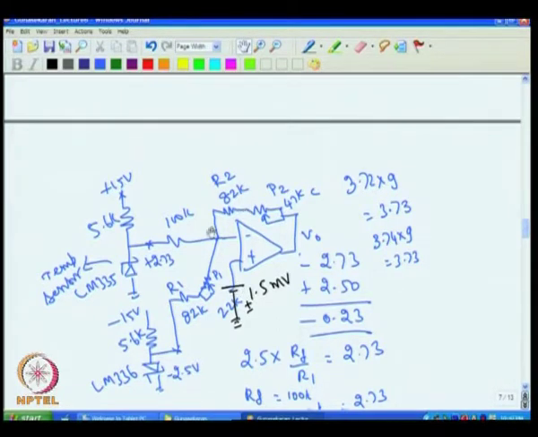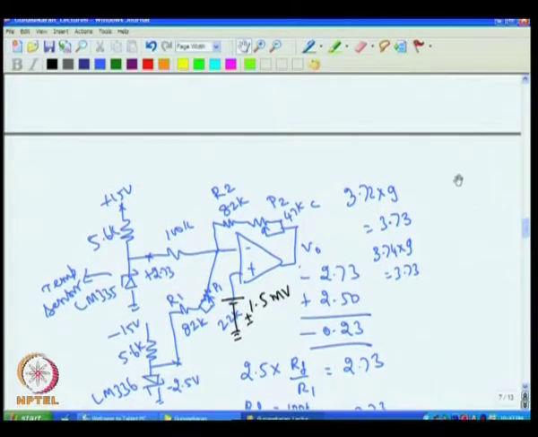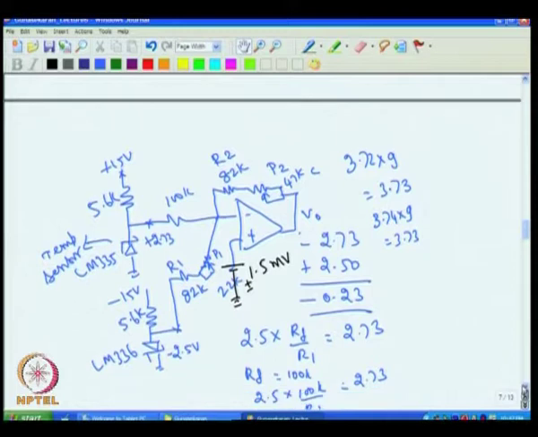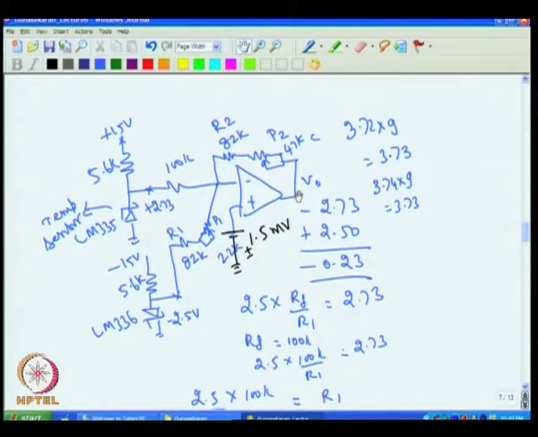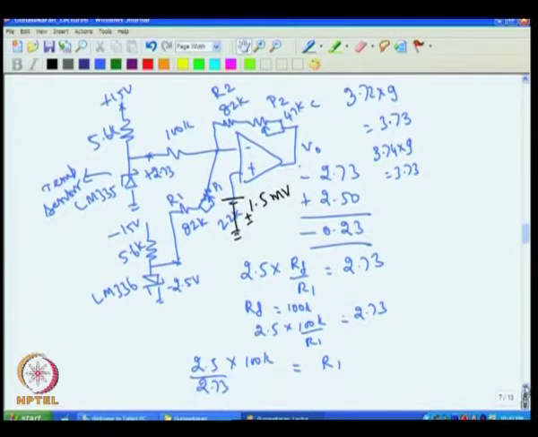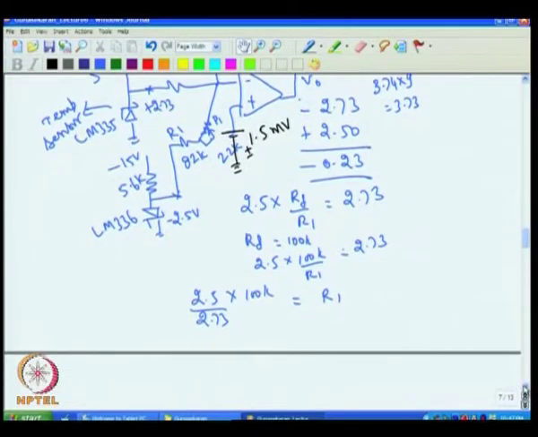That means 100K parallel 100K gives me around 47K. The 47K gives me gain of 1 plus RF by R1, that is around 3. So, you will have output voltage change of 4.5 millivolt. I will show the calculation separately here in the next page.